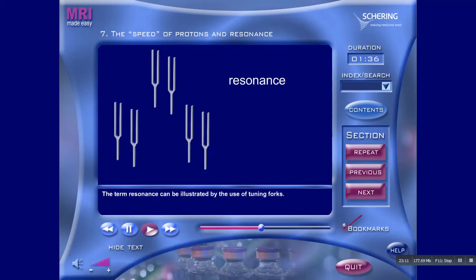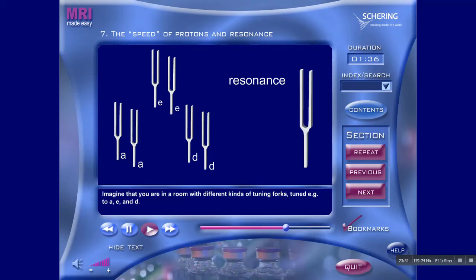Imagine that you are in a room with different kinds of tuning forks, tuned, for example, to A, E, and D. Somebody enters the room with a tuning fork with an A frequency that was struck to emit sound.